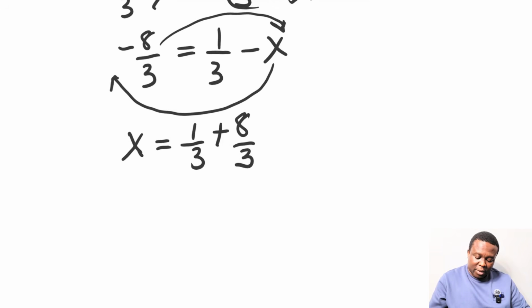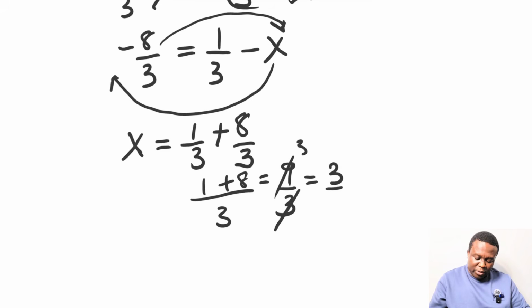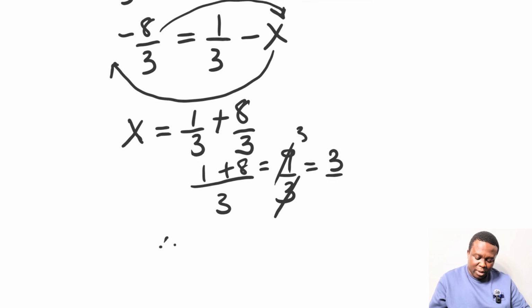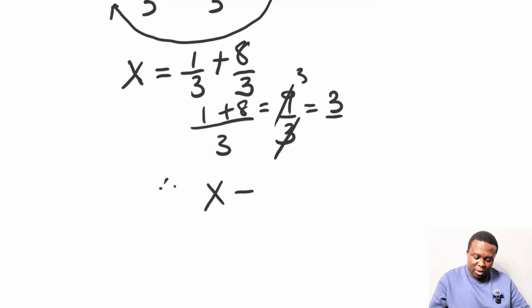Now, take the LCM. 3 in 3 is 1, 1 times 1 is 1. Plus 3 in 3 is 1, 1 times 8 is 8. So we have 9 over 3. Break it down further, becomes 3. So therefore, our x is equal to 3.